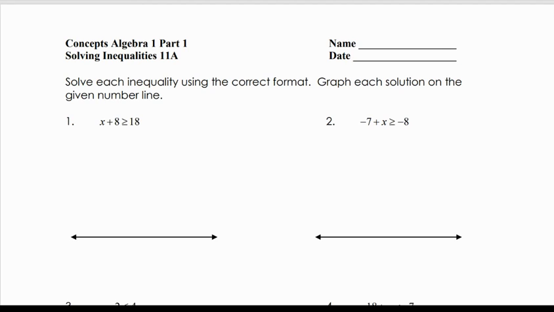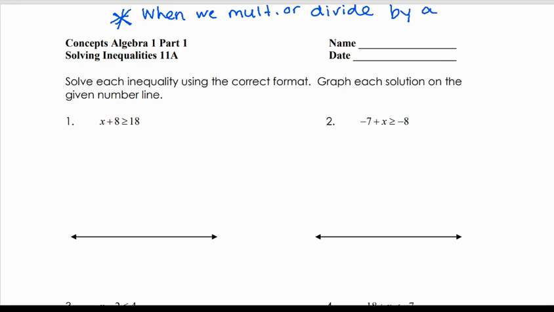I'm going to write this right now at the top of your paper, so you should do that too: remember when we multiply or divide by a negative, what happens? What happens, folks?